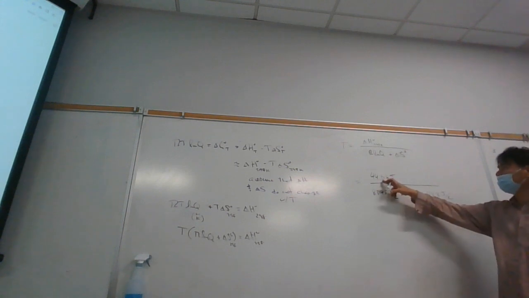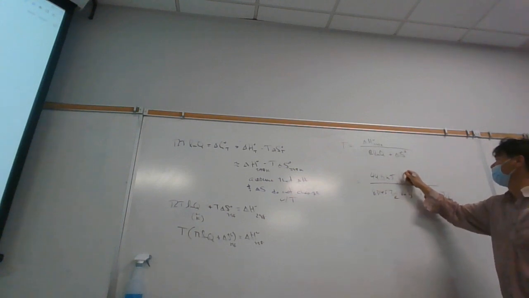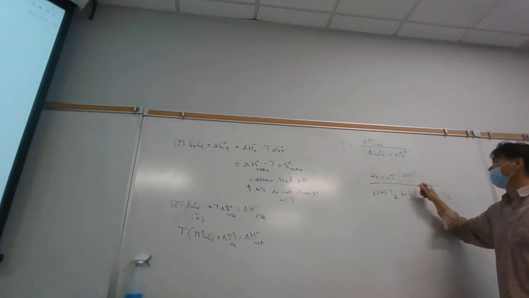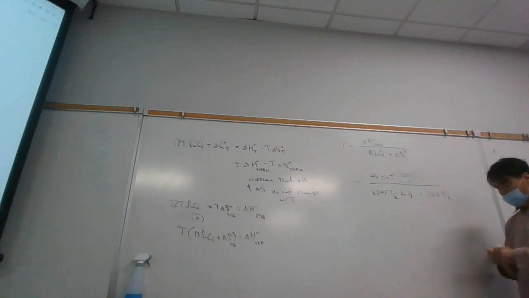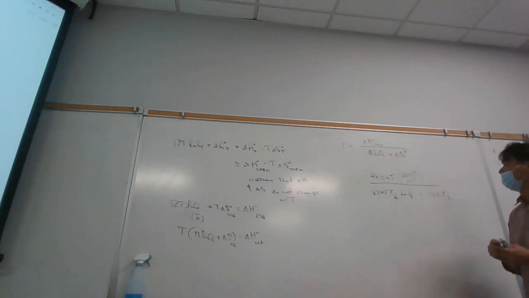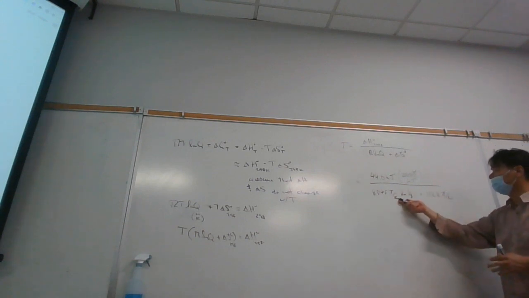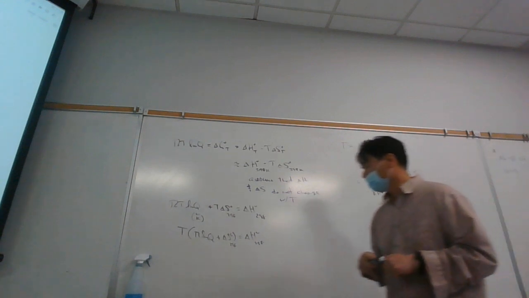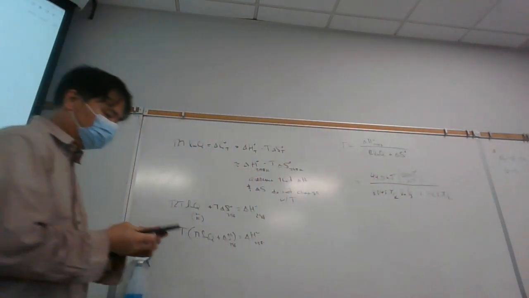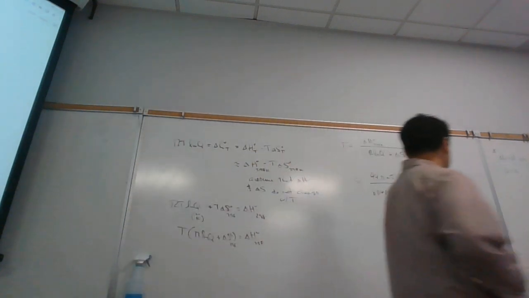And so what I'm going to do is convert kilojoules to joules. Do 1,000 joules per kilojoule. And so the kilojoules cancel. And then the joules cancel here. And that'll leave me with 1 over Kelvin in the denominator, and bring that to the invert and multiply that. And so let's see what this comes out to.